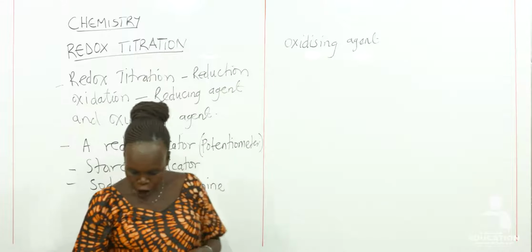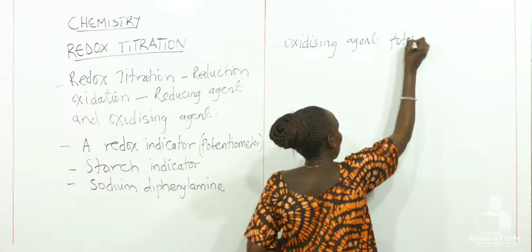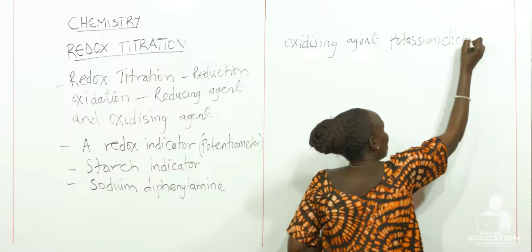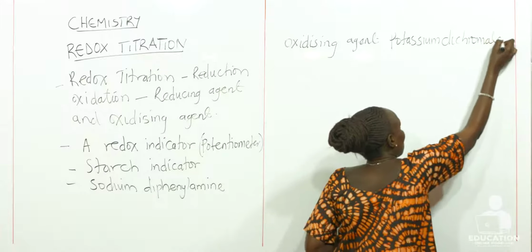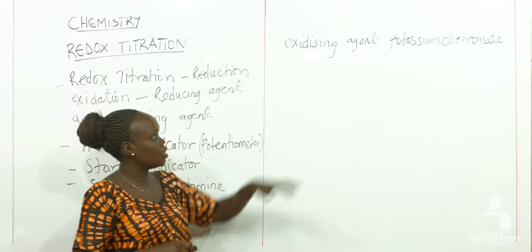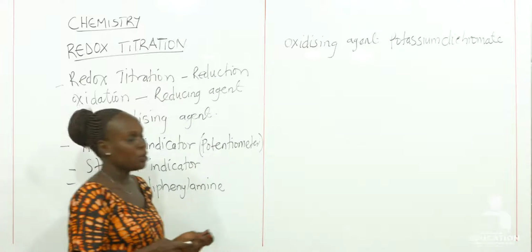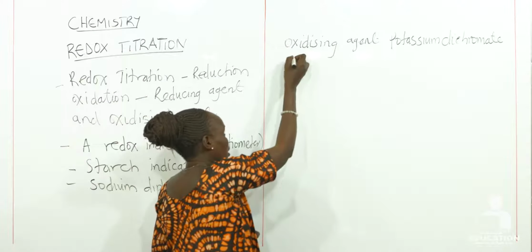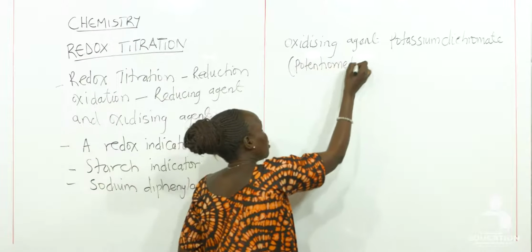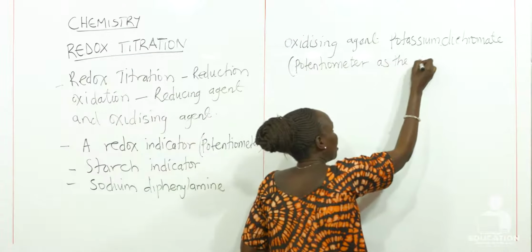When one of the reagents, the oxidizing agent, is potassium dichromate, we can use the first indicator, which is the potentiometer, or we can use the meter as an indicator.